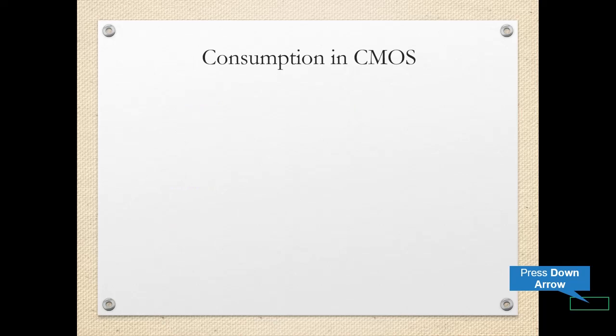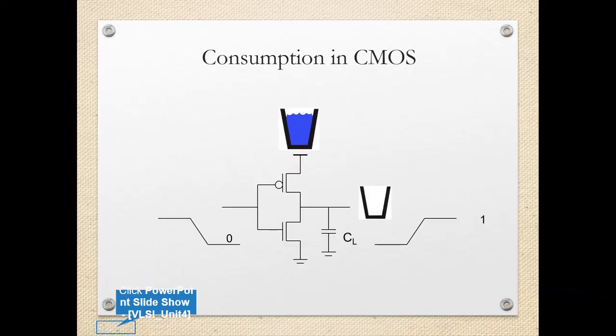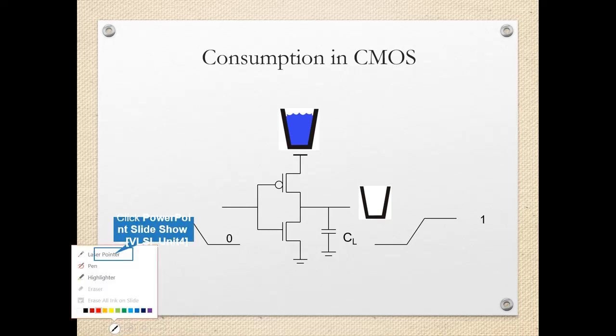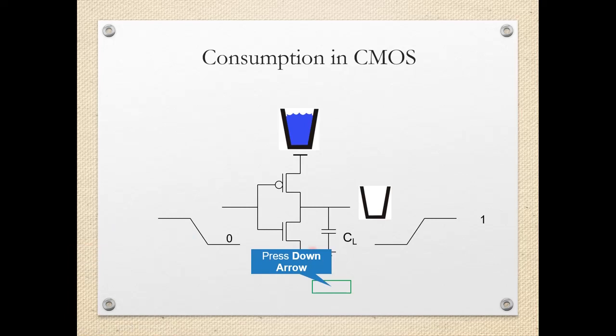So we'll see the power consumption in a CMOS circuit. We'll take the simple example of the inverter, which is the basic unit of any CMOS chip. It consists of one P MOSFET and one N MOSFET. The upper one is a P MOSFET, which has a bubble that indicates it is a P MOSFET, and this is the symbol for the N MOSFET.